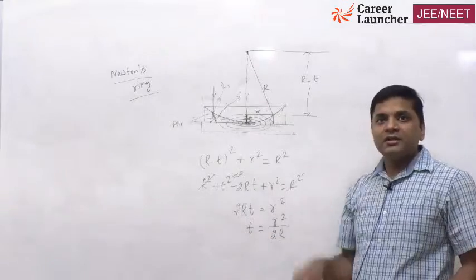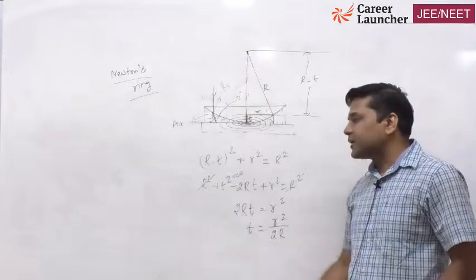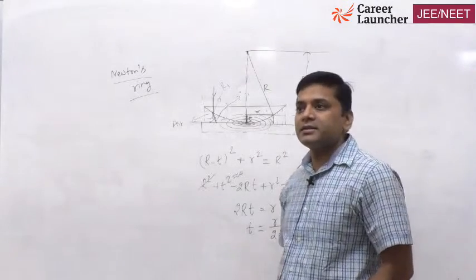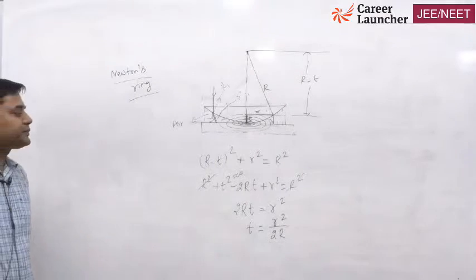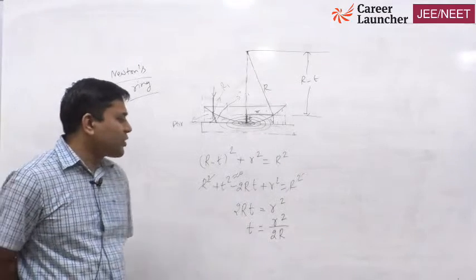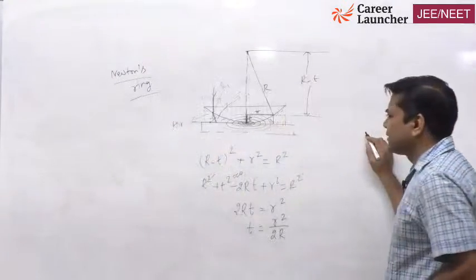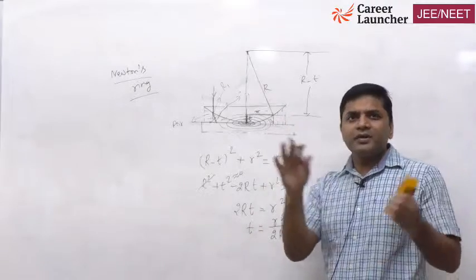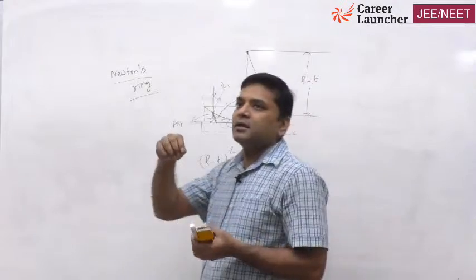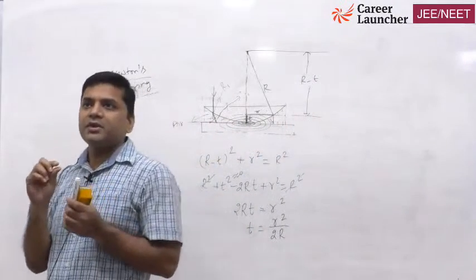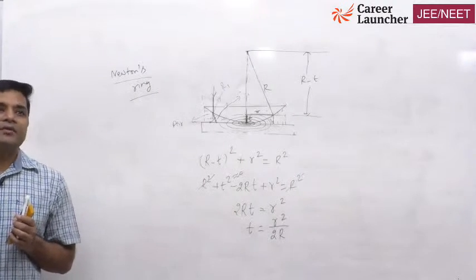So if R and this h have been calculated, you can calculate the value of R in this case. Now we will write the condition. If you want, I can quickly give an overview of the spherometer. In a spherometer, there is a device which can measure the thickness of the lens, and once you know the thickness of the lens, you can calculate the radius of curvature.